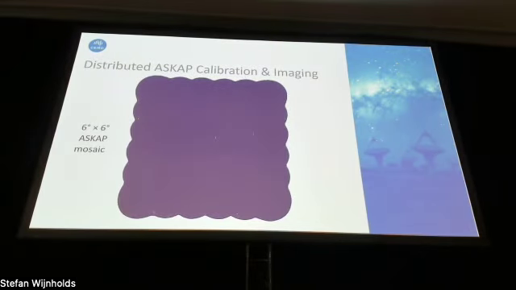So just to show that in a picture, this is an ASKAP mosaic. Going into this, there are 36 beams and several hours of data. But we don't just chuck all the data in and make a single image.